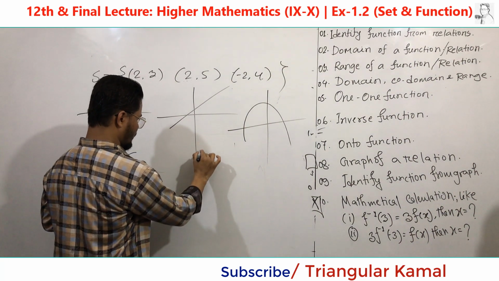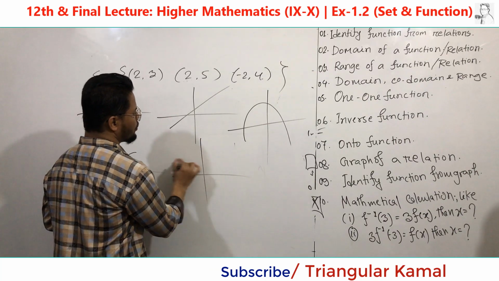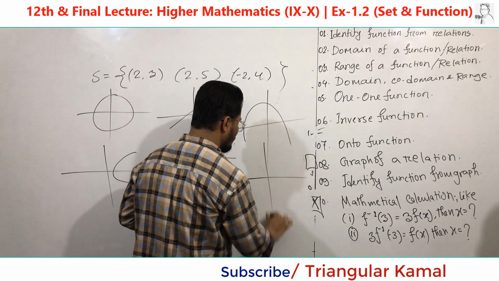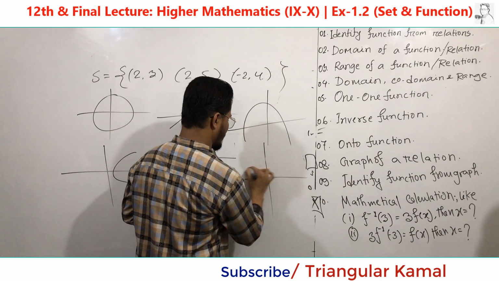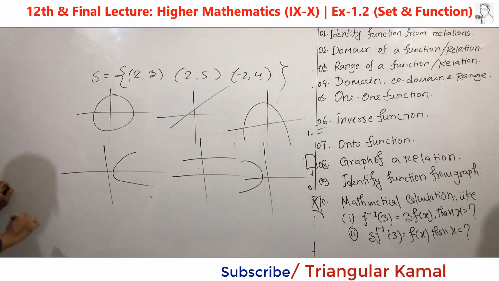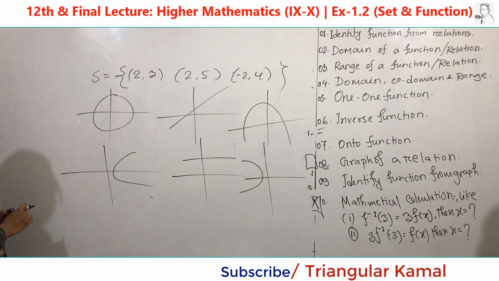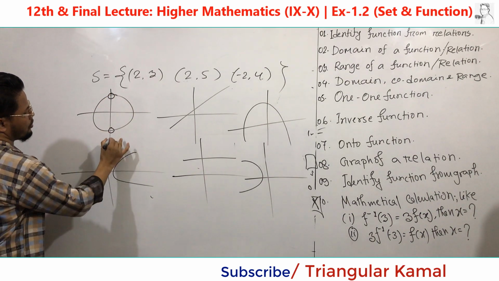Number 5, the line which is parallel to the x-axis, and the line which is parallel to the y-axis. Okay, first I will discuss the 6 types of questions. How many intersecting points do you see here with the y-axis?